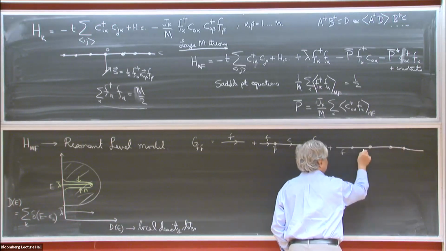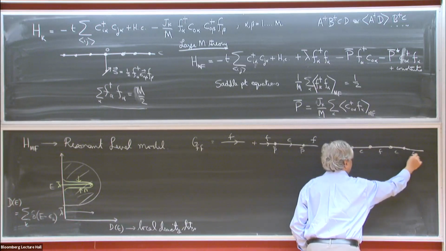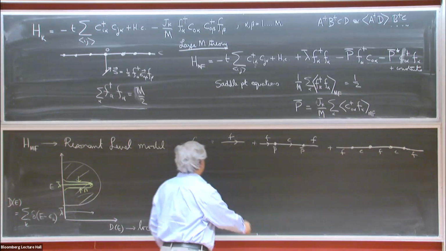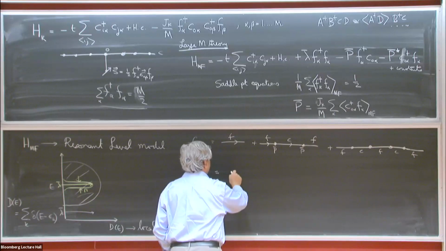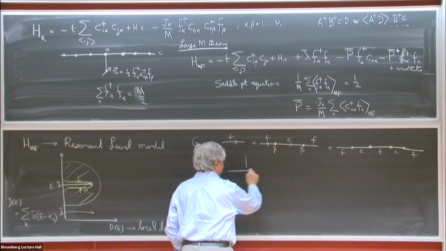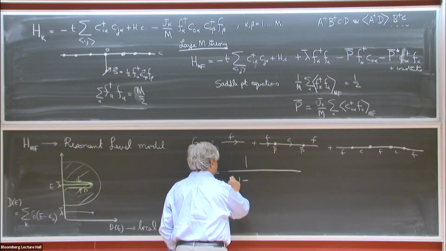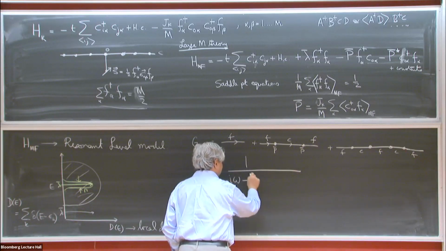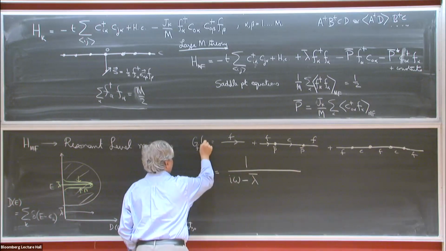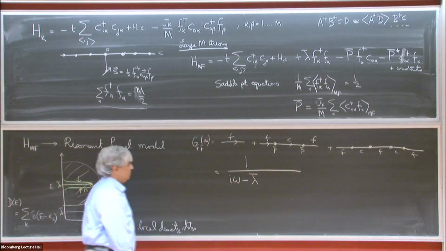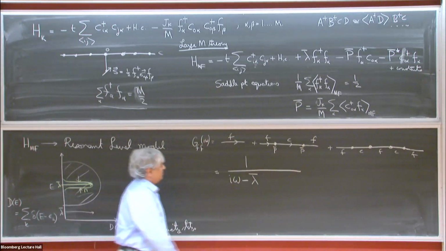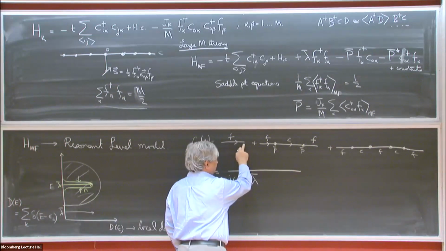You get F, C, F, C, F, and so on. And so you can sum this with the Dyson series, and it's easy to see. It's I omega minus lambda bar, with imaginary frequencies. That's the bare Green's function.